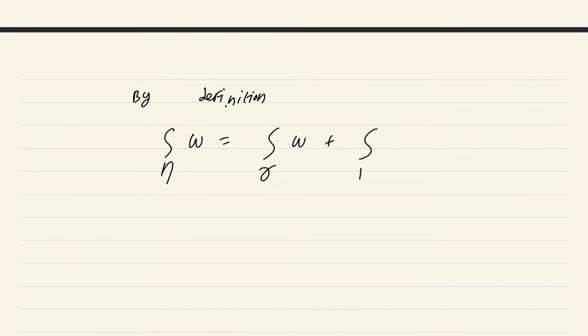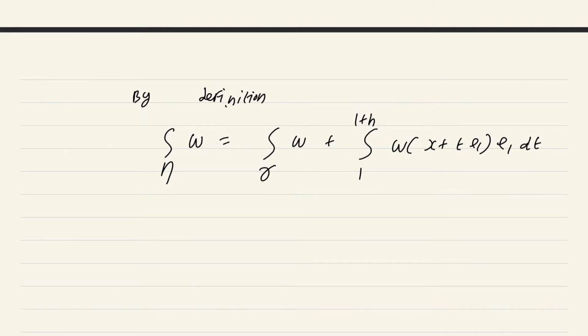Okay, now by definition again, as in the previous parts, the integral of omega along eta is nothing but the integral of omega along gamma plus the integral from 0 to h of omega at x plus t e1 applied to the derivative, which is just e1 dt. This is just the definition.